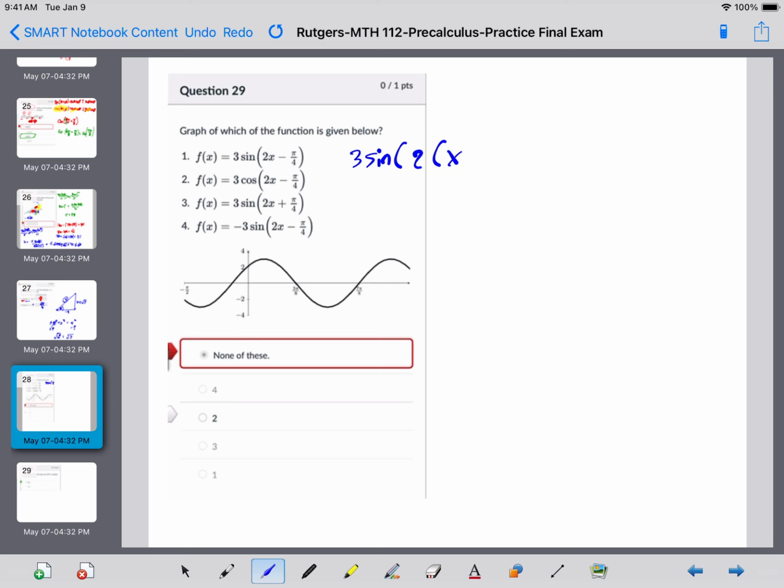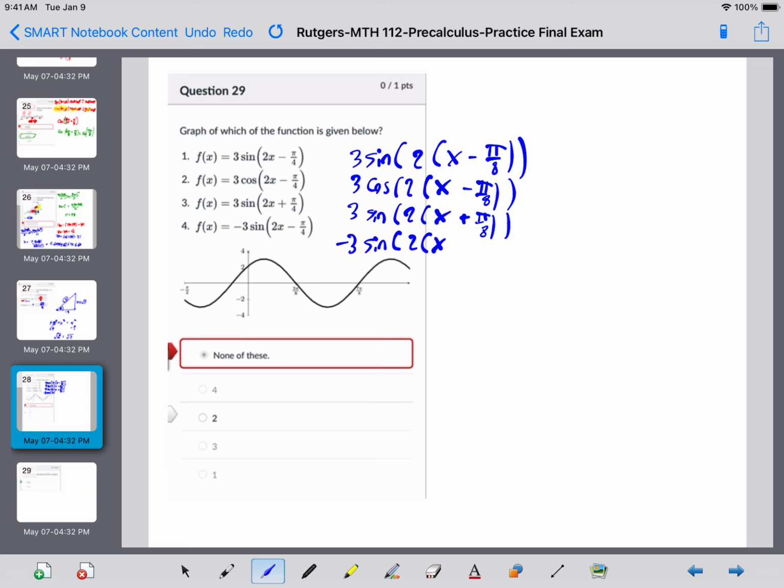So we have 3 of cosine of 2 times x minus pi over 8, 3 of sine times 2 of x plus pi over 8. And then we have negative 3 of sine 2 times x minus pi over 8.